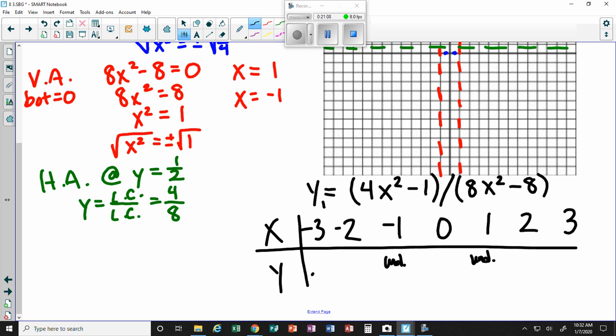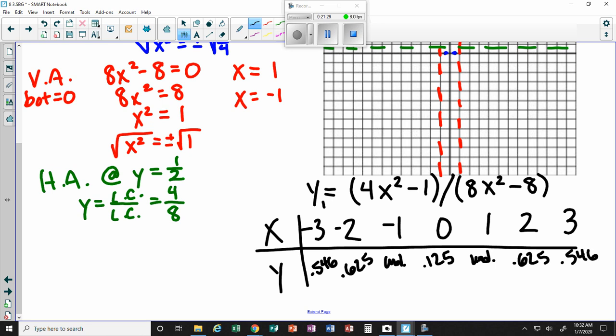So at 3 and -3 it's about 0.546. At 2 and -2 it's 0.625. At 0 it's 0.125.